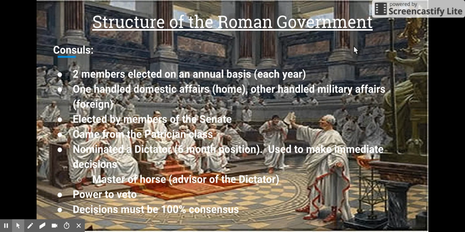But the dictator was going to be used in a situation where he could intervene, fight in a military campaign, something that just needed to be done in a very quick manner. The other thing that's important to know about the consul members is that every decision made must be unanimous. Both consul members have to agree in order for that piece of legislation to pass.